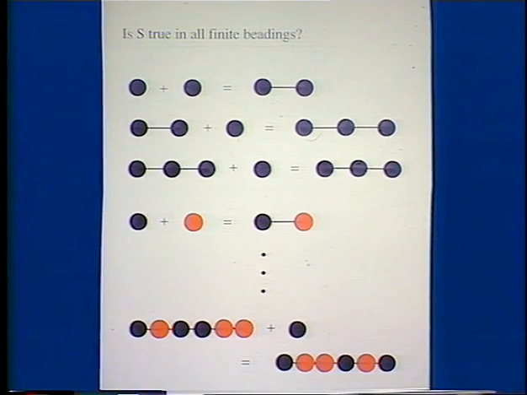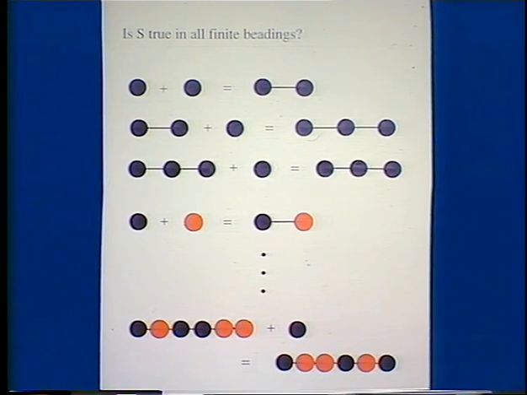Once we have this number n, and we can get it by calculation, all we need do is collect up examples of all the n equivalence types of finite beadings. And we know by the finiteness theorem that there are only finitely many of them. Our only problem is to catch them all.